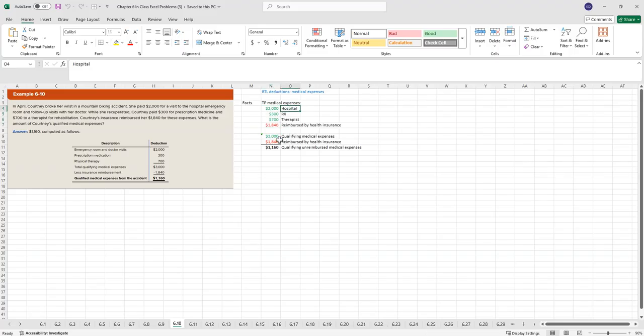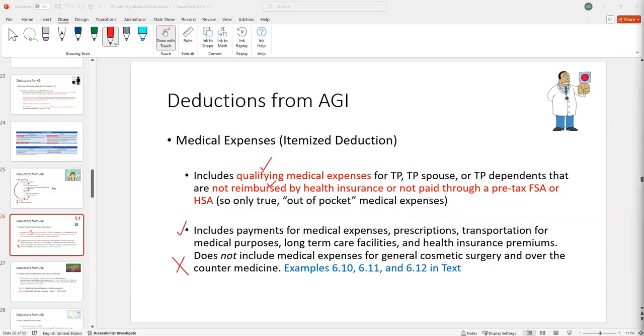They go to the hospital, that's good. A prescription, that's good. A therapist, that's good. But they were reimbursed by health insurance for some of this. So we take all of those expenses, we back out what was reimbursed by health insurance, and what we truly paid out of pocket was $1,160.